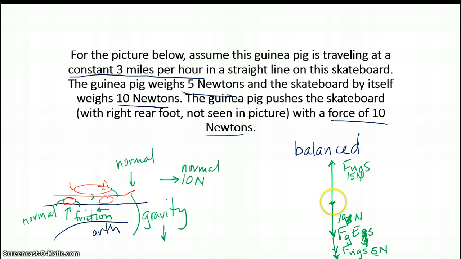All right, normal force, we said, was between the guinea pig and the skateboard. That is 10 newtons. And then in order to have this be balanced, I need to have a frictional force of 10 newtons between the skateboard and the ground. So the ground and the skateboard. And that creates our balanced force diagram.